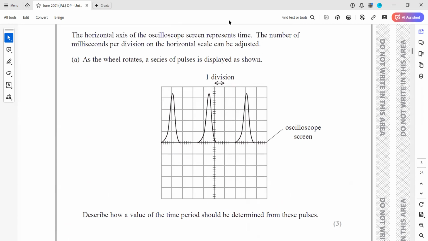So you just have to mention: measure the number of boxes between the two successive peaks and multiply by the number of milliseconds that one division is equivalent to.